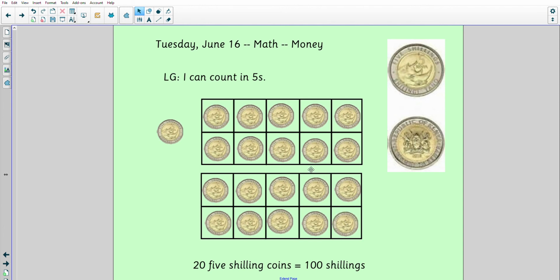So how many 5-bob coins does it take for us to get to 100 shillings? Let's look. We have 2 10 frames, both of which are full. So 2 10s, we know that's 20. 20 5-shilling coins equals 100 shillings.